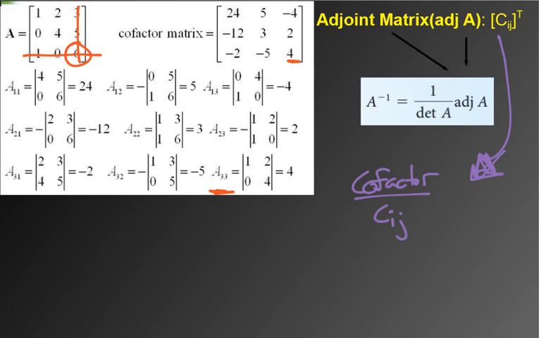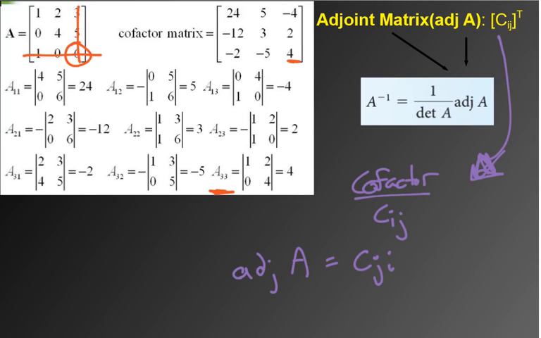And so the ADJ of that original A is you do the cofactor matrix, then you take the transpose of it, and that's equal to Cji, just flipping the i and the j. That's what the adjoint matrix is.